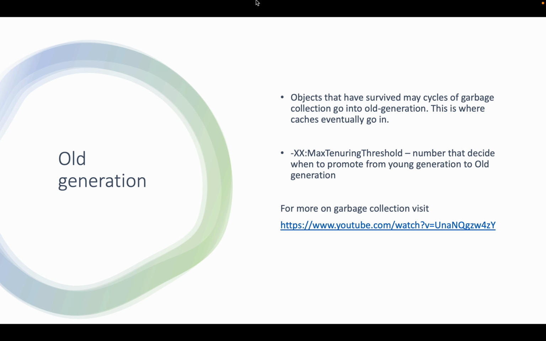We have -XX:MaxTenuringThreshold, the number to decide when to promote from young generation to old generation. We can say, okay, if this object has survived maybe 20 garbage collection cycles, we move it into the old generation. For more on garbage collection, you can watch this YouTube video. They explain this lecture very nicely.